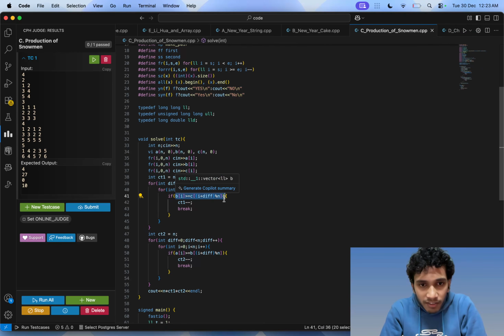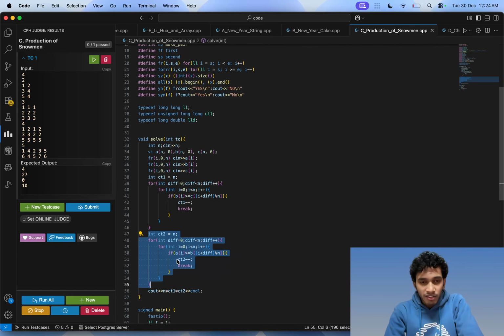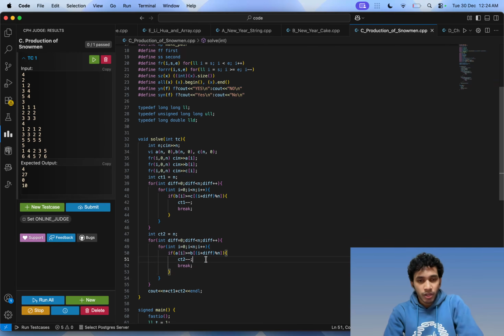For this position, if we find an unstable pair, then the count of choices for j will be reduced. Similarly, for pair K, we found an unstable pair between A and B. This was for pair K and this was for pair J. So we found an unstable pair, so reduce the counter by 1.